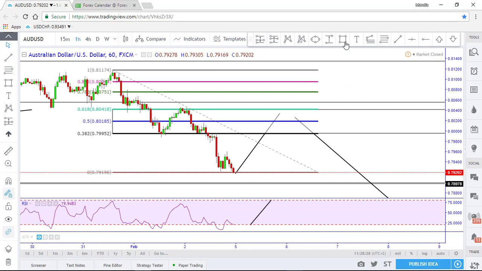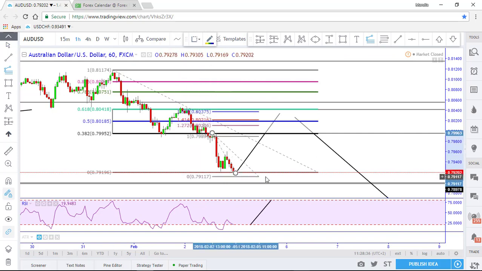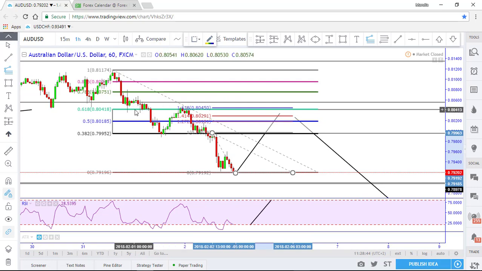Now, as I take my Fibonacci extension tool from this swing low right here to this swing high right here, you would notice that our 1618 aligns with our 618 retracement, and our 50% retracement aligns with that 127 extension.